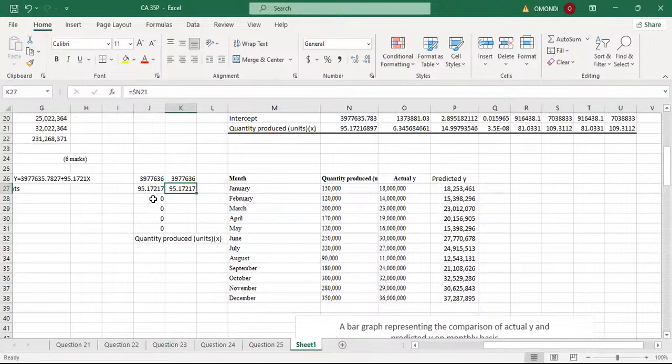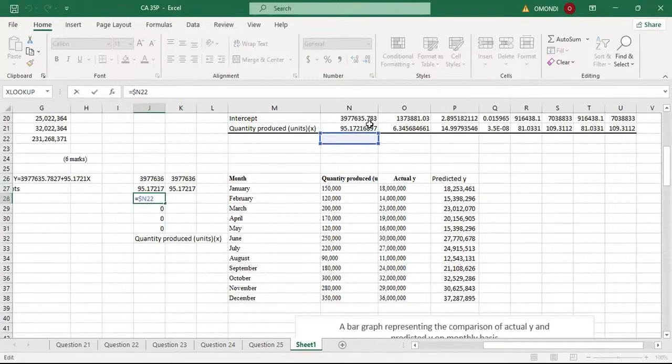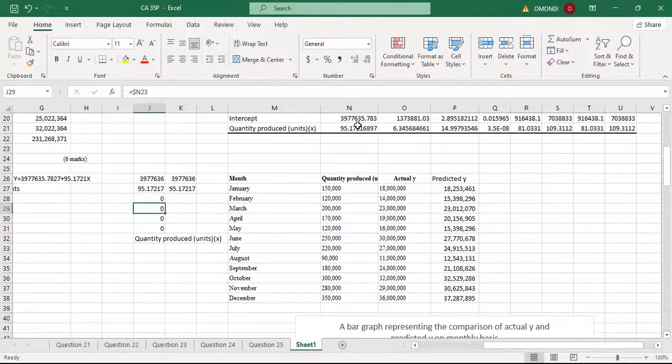But if I reach this point, you see, it is moving down. It has now left 95.17. It is giving me an empty cell below it, but still in that column. So for me to retain that specific value, I must lock the column and the row number.